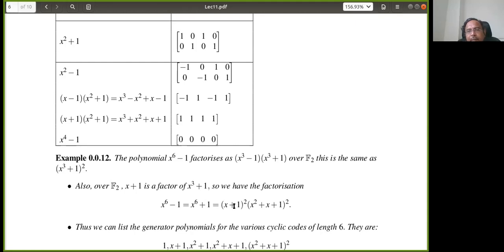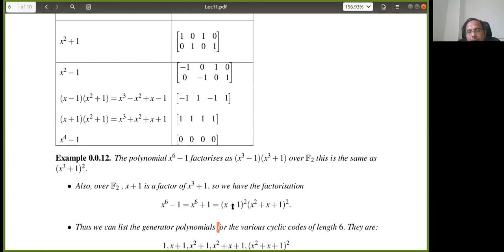Because here, I can take only x plus 1 or even not take it. If both of these two exponents are 0, then I'll get 1. If this is 1 and this is 0, then I'll get x plus 1.